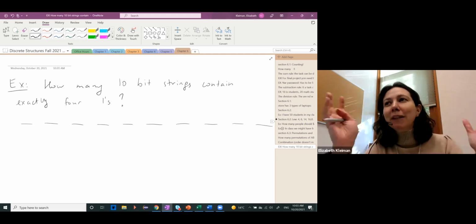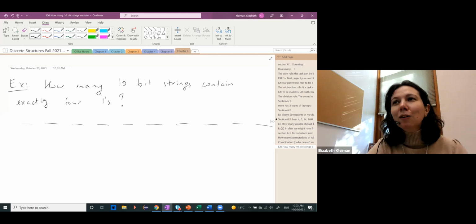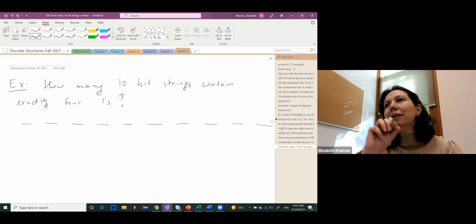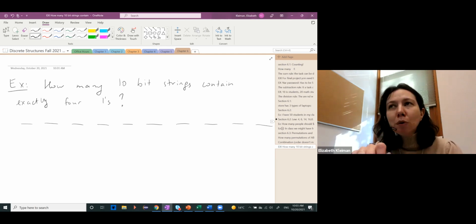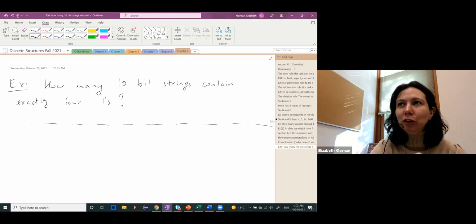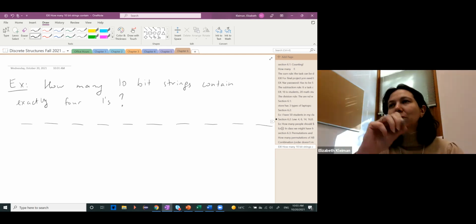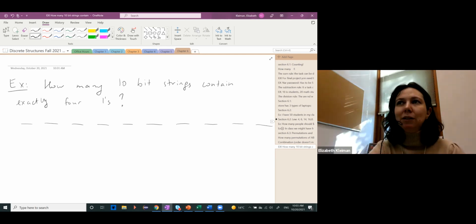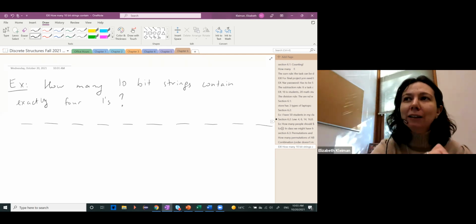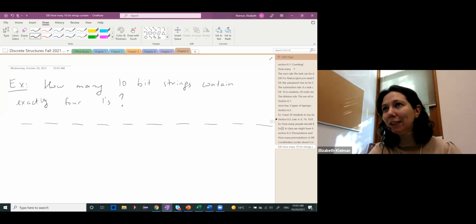My combinations are done. So the question is actually equivalent to asking in how many ways can I put 4 ones into 10 places, correct? How can I find a place for my 4 ones when I have 10 spaces?